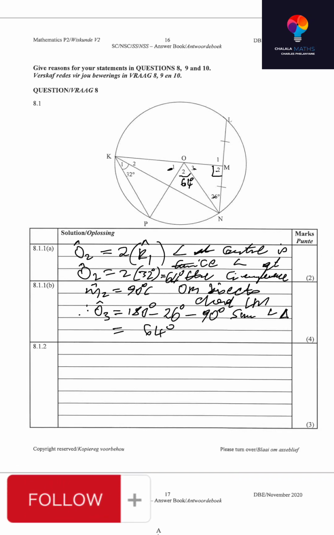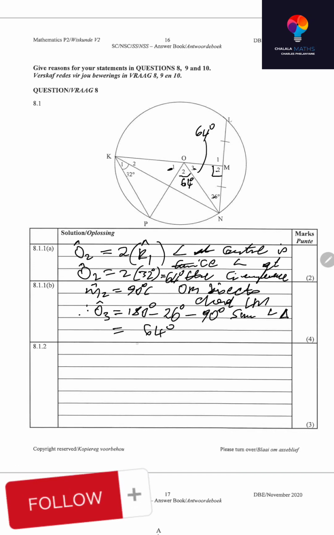Okay, this one is 64 degrees, right? I think I was in a hurry.